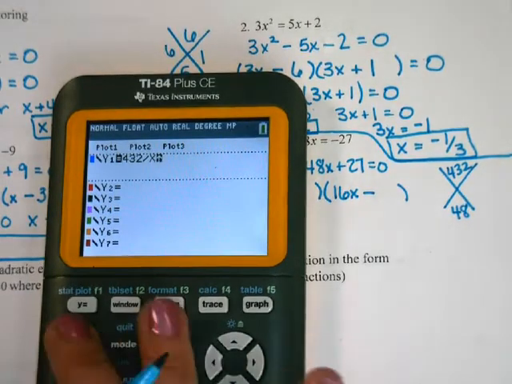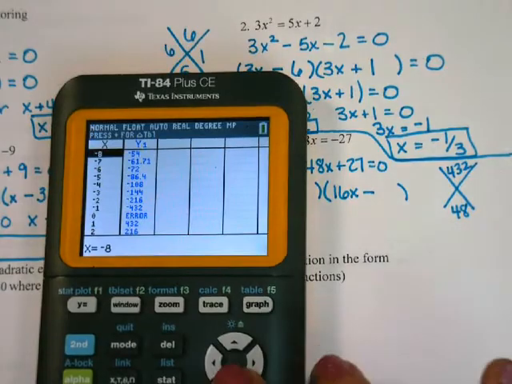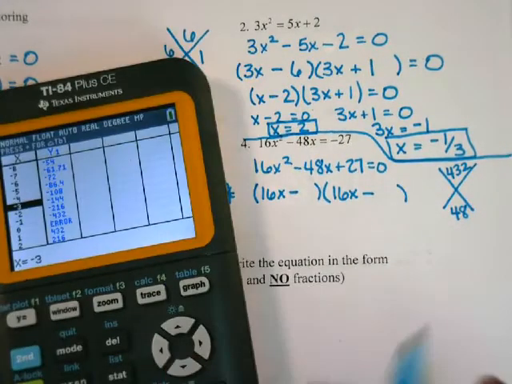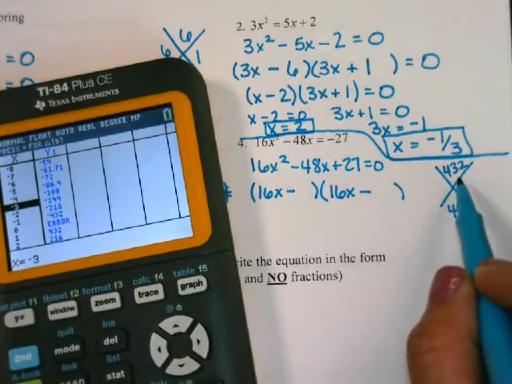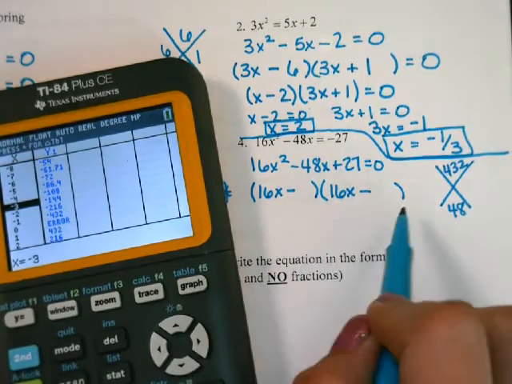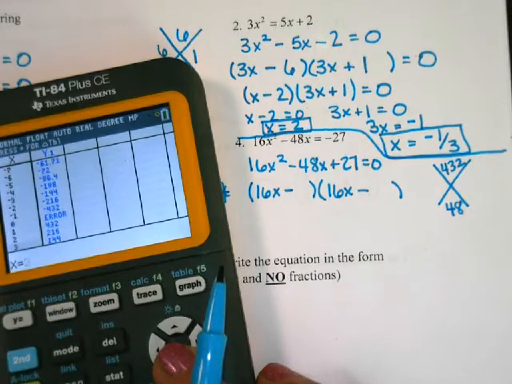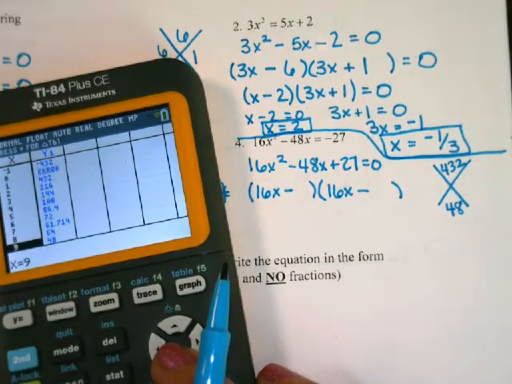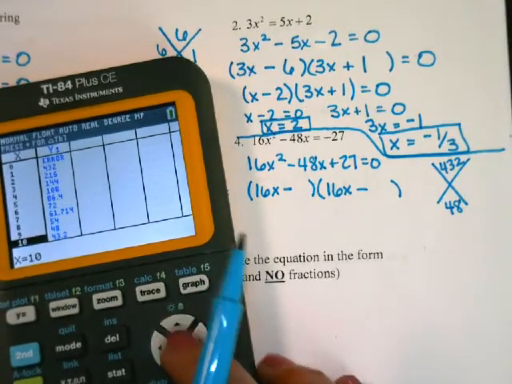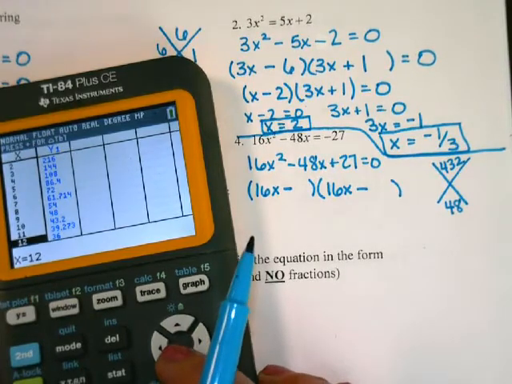And then we're going to look at our table. I want two numbers that multiply to 432. The signs are the same, so they need to add to 48. Oh, hey, look, there's 9 and 48, but that doesn't add to 48.